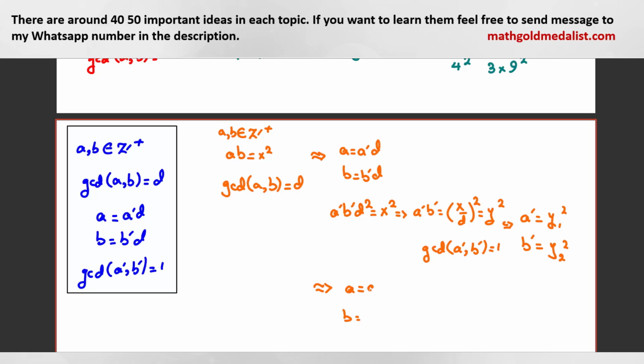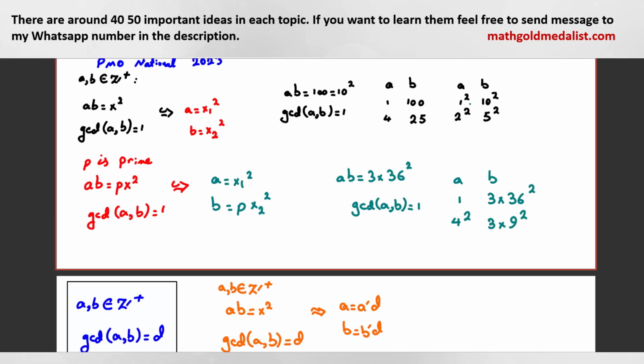D times y1 squared. Yes, and b? D times y2 squared. Exactly. Okay. So the previous problem was a special case. When d is 1, they are perfect squares. If d is not 1, a is d times a perfect square, b is d times a perfect square, right?